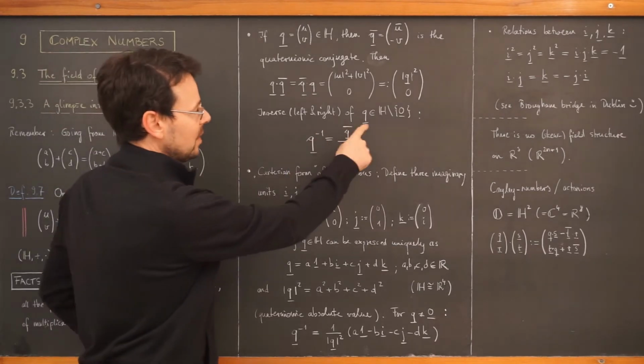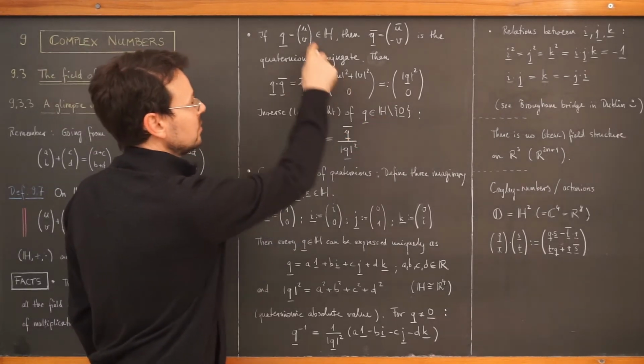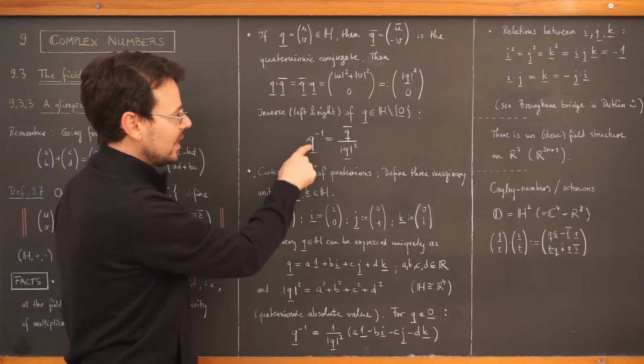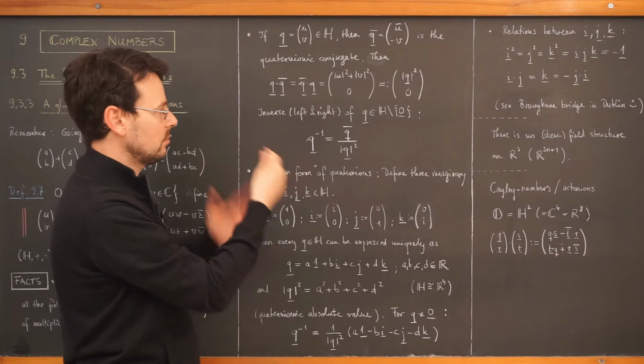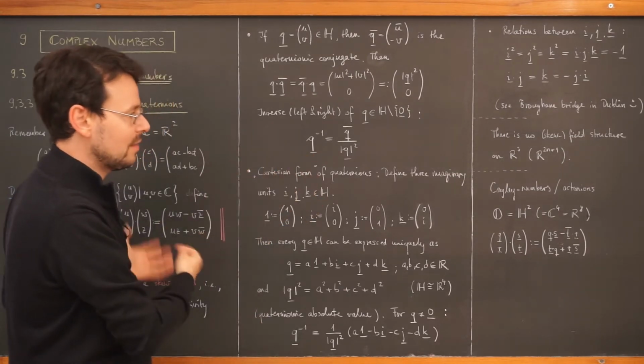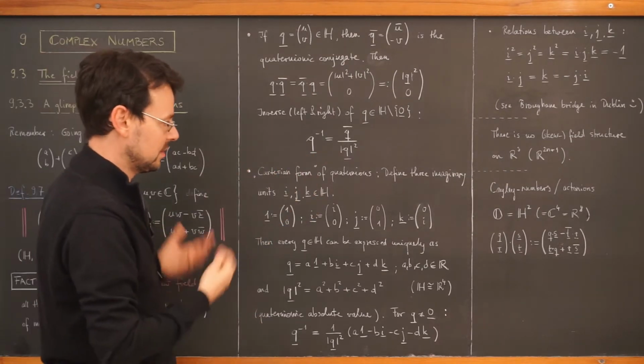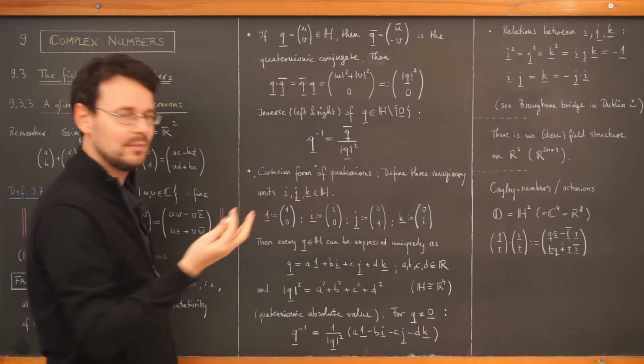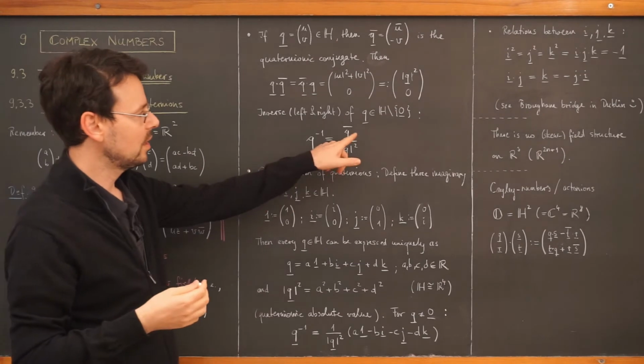And then if I have any quaternion that is not equal to (0,0) as a vector, then it has an inverse. It must have an inverse because we have a field, a skew field, but still inverses must exist. And this is exactly the same formula as in the complex numbers.